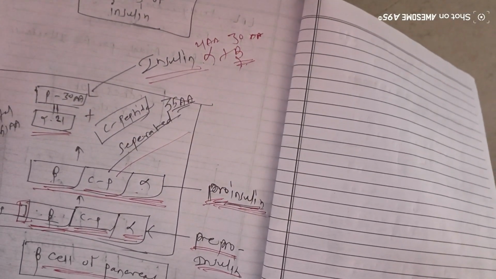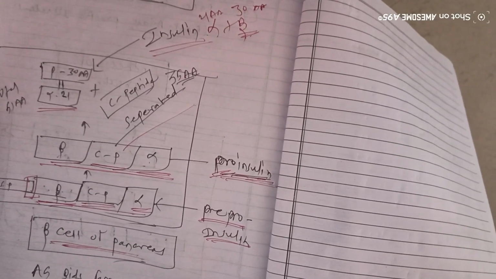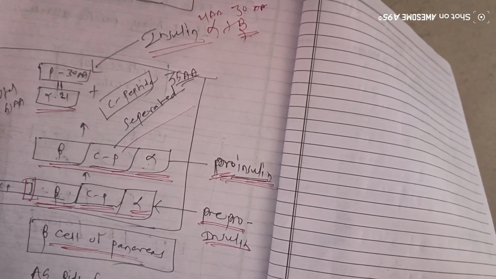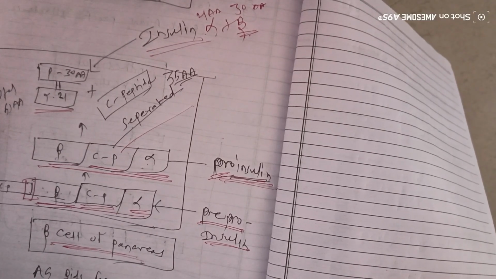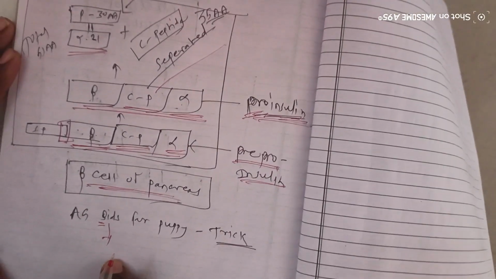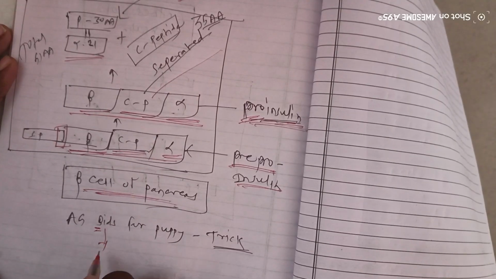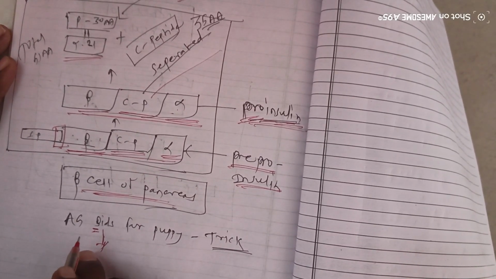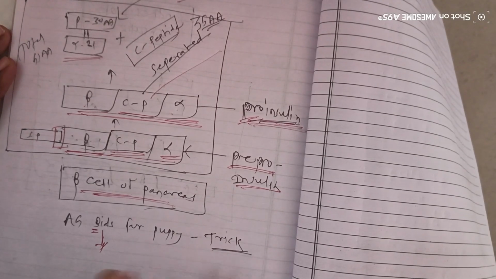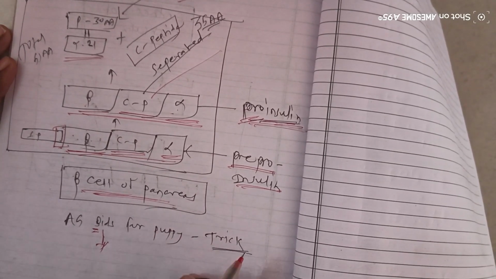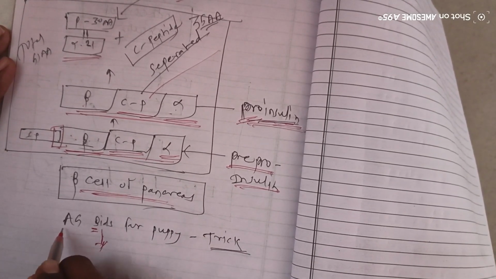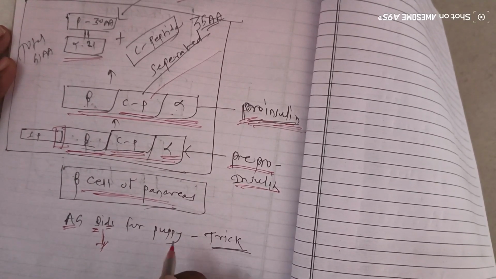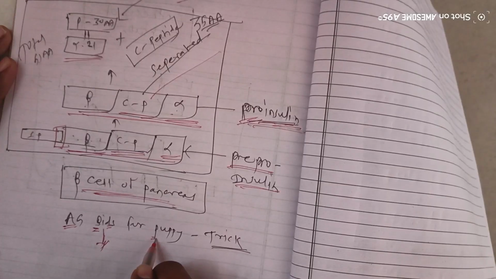In the previous video we talked about the anatomy and physiology of the pancreas. In that we have already seen that beta cell of pancreas secretes the insulin. This is the trick for remembering the hormones secreted by the endocrine part of the pancreas. The endocrine part is nothing but the islet of Langerhans. In that we have four major cells, that is alpha cell, beta cell, delta cell and pancreatic polypeptide cell.